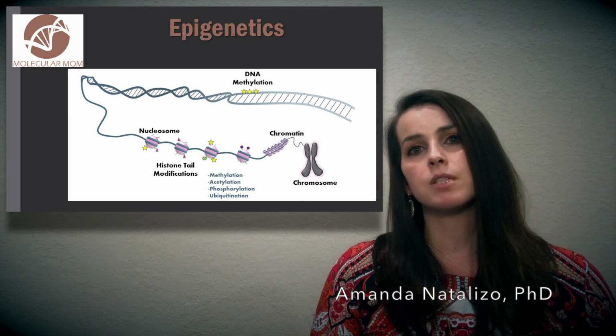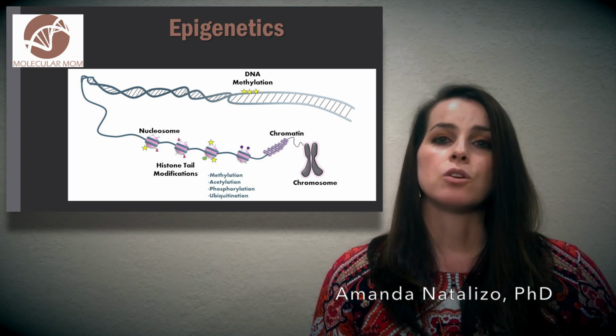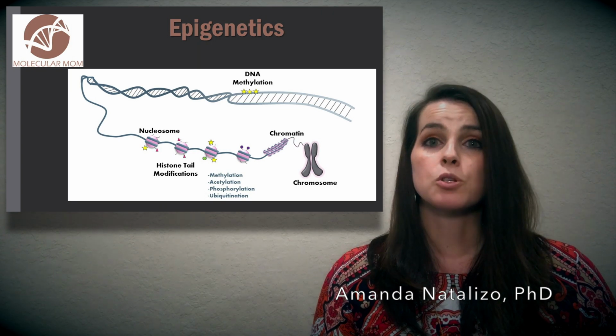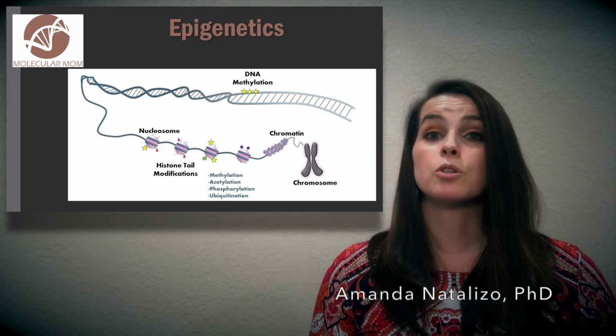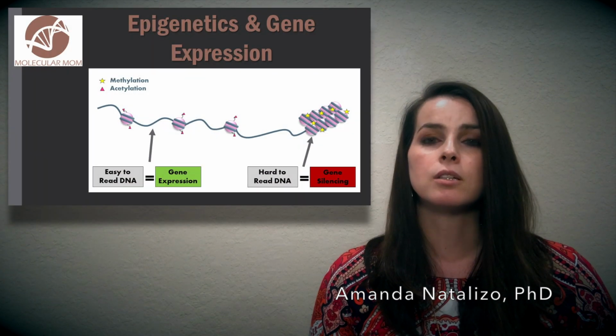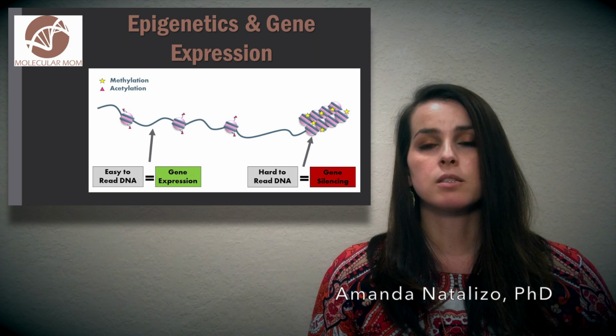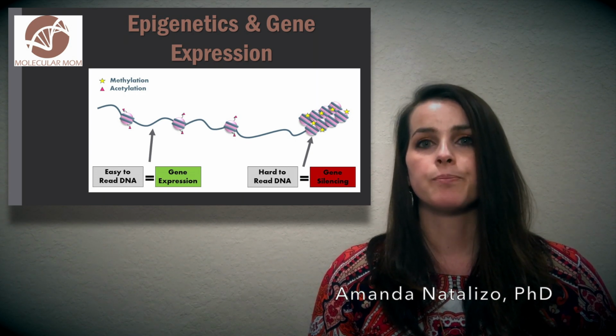The acetylation of these histone tails loosens the packing of the DNA, and that allows the transcriptional machinery to access the gene of interest, and that gene can then be expressed.